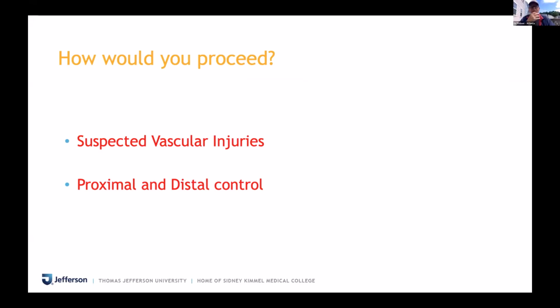Can you hear me? Yes. Probably at this point, he's near the left groin crease. Yes, sir. He's blasted out his iliac. So I would try to get proximal control with opening his belly and cross clamping his aorta.